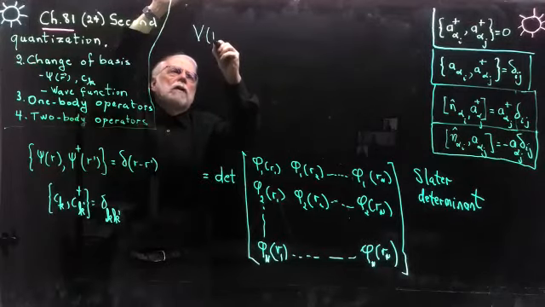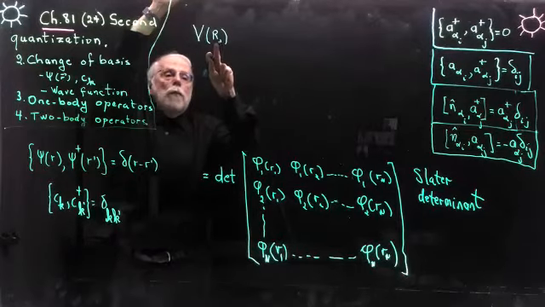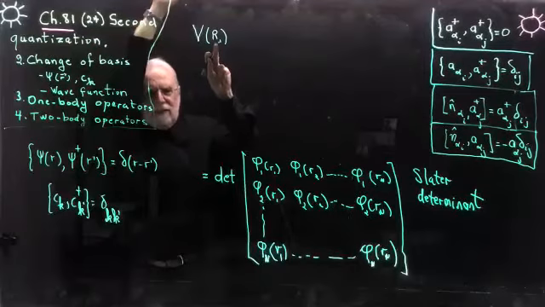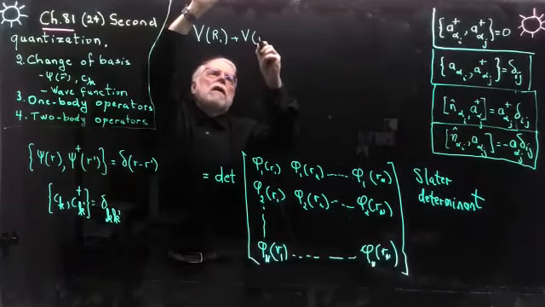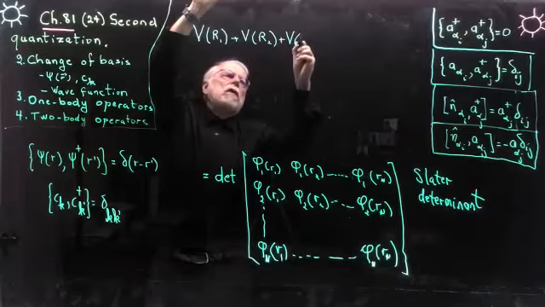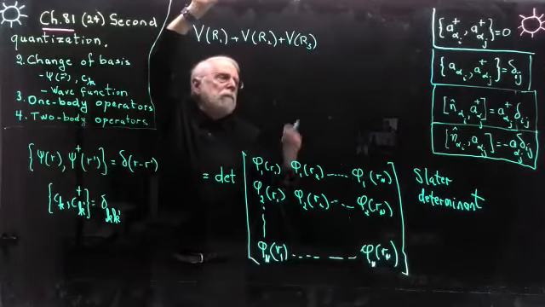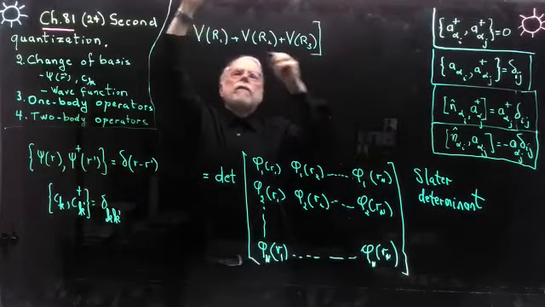So in first quantization, you have the potential at position R1, and R1 is an operator now, plus V of R2 plus V of R3, and the state that it acts on.